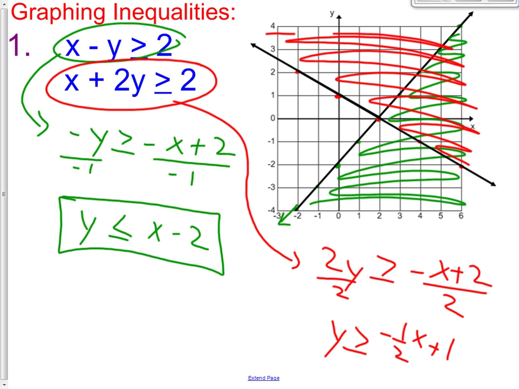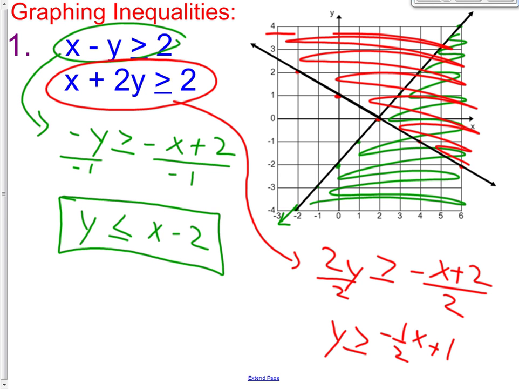So now what we have here, class, is a system of equations, and our solution is a wide variety of points. In fact, it's an infinite number of points where the two shadings come together. So the common part of both shadings, where the red and the green are, this is going to be our solution.